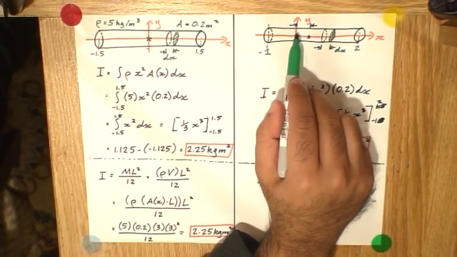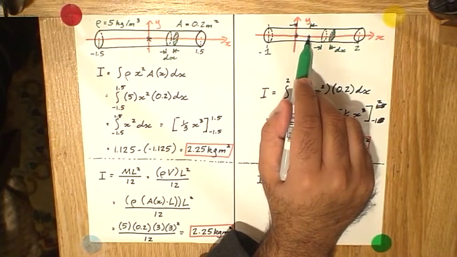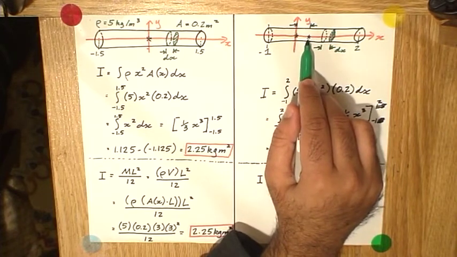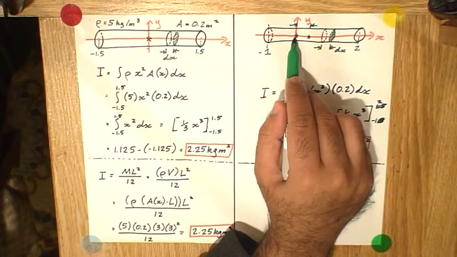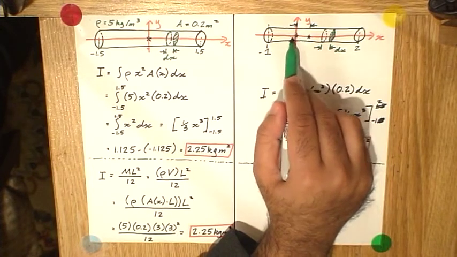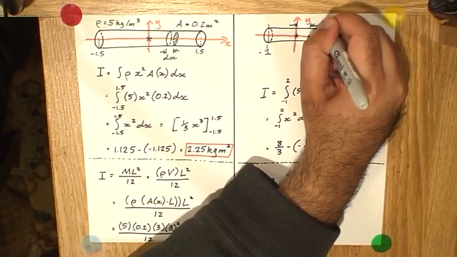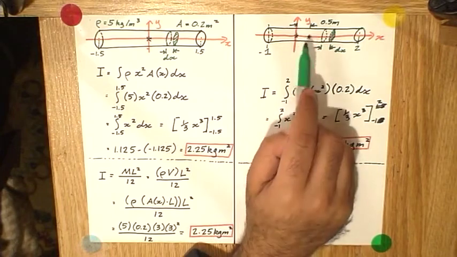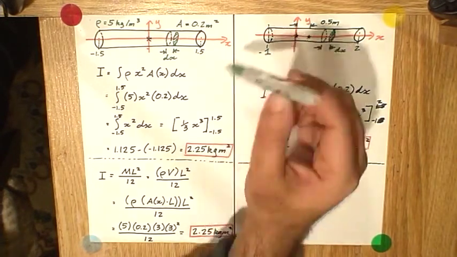So the center of rotation is 0.5 meters away from the center of mass. The center of mass in this configuration would be located at 1.5 units from either end. That would be at 0.5. The center of rotation is at the origin. So that's going to be 0.5 of a meter from the center of mass to the center of rotation.